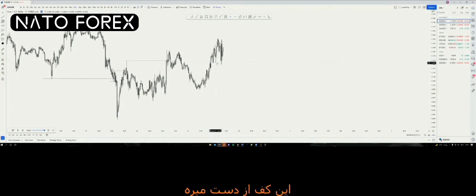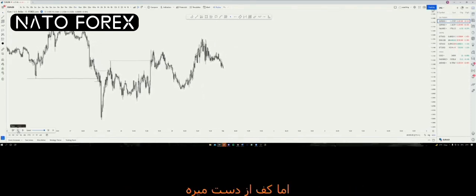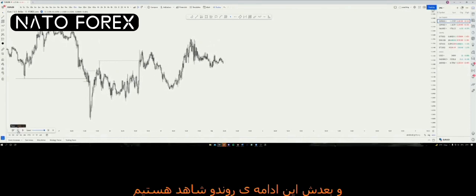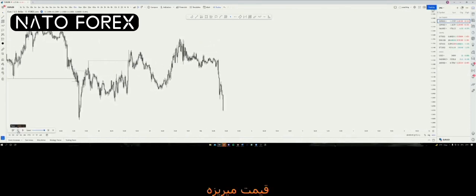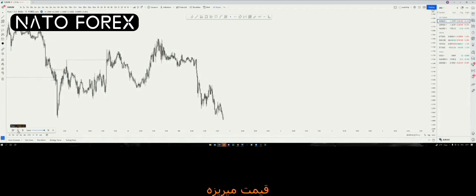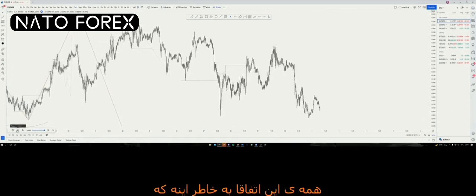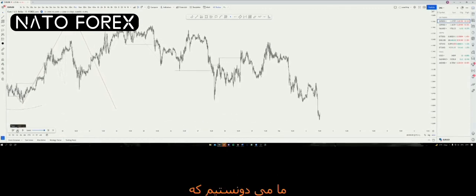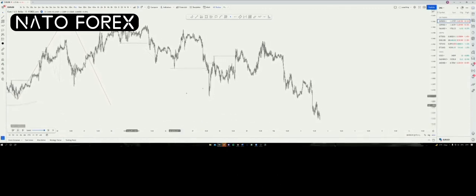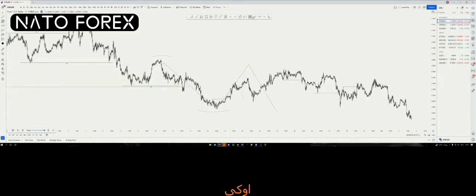This low goes, it's a change of character, not a break of structure, but the low goes, and then we get this continuation, and price just melts, see you later. But it's all because we've noticed what that larger time frame structural play is.